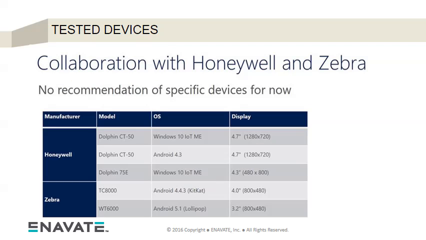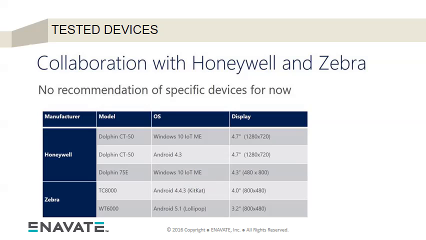Here is a list of devices on which they have tested the app. When I'm talking about devices, I mean first and foremost the scanner devices that are used in warehouse processes all around the industry. They are working in close collaboration with Honeywell and Zebra, two leading manufacturers of scanning devices.